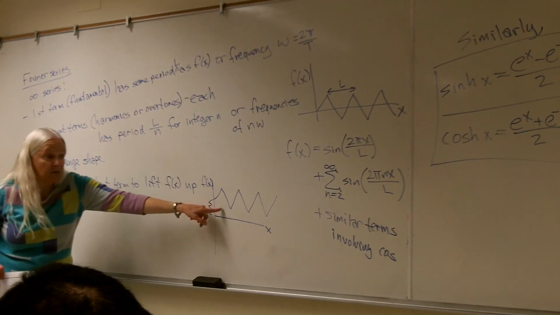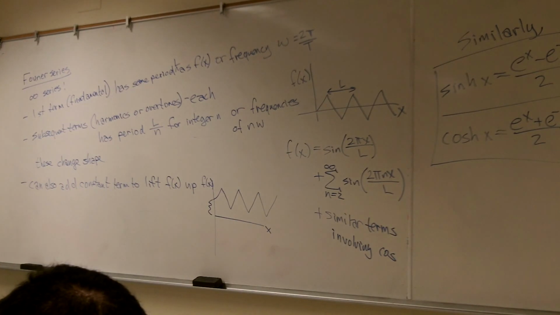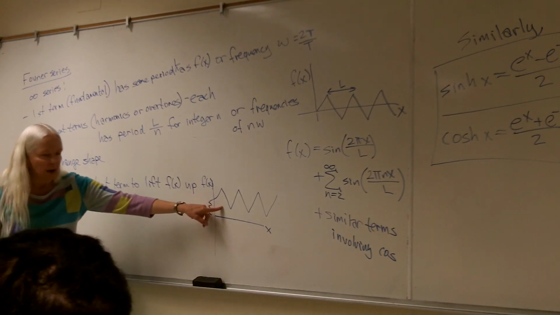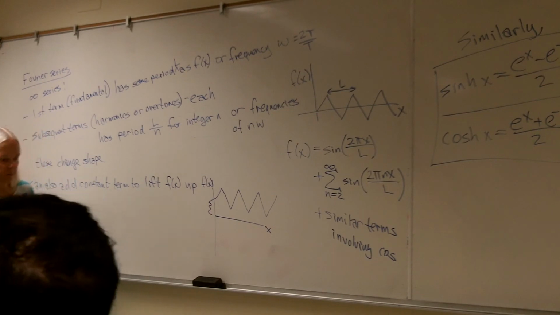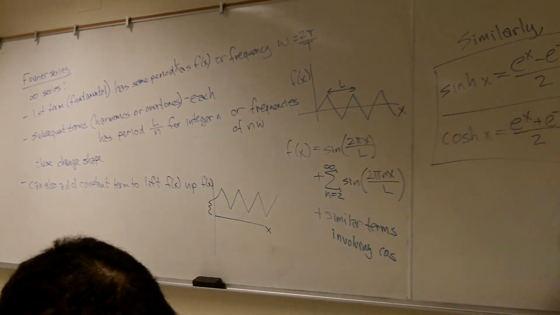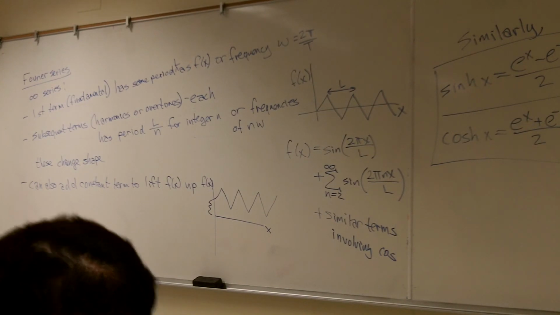This is still a periodic function, so I still should be able to write a Fourier series for it. So I have to allow for a possibility of a constant term in my series in order to be able to write a Fourier series for a function like this. Okay? So anyway, that's just put onto the end of our function there, plus some constant.